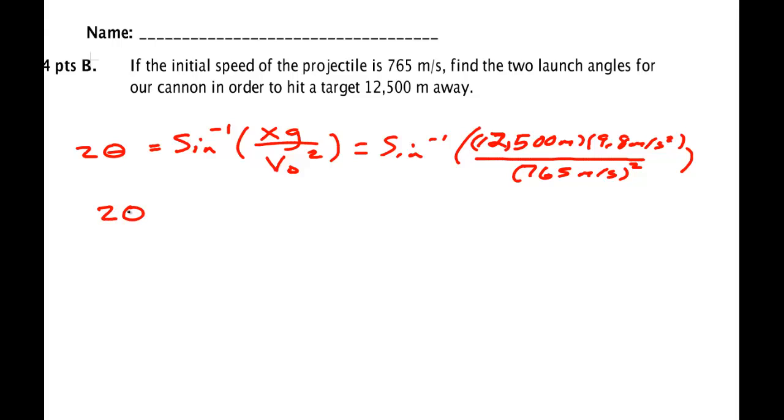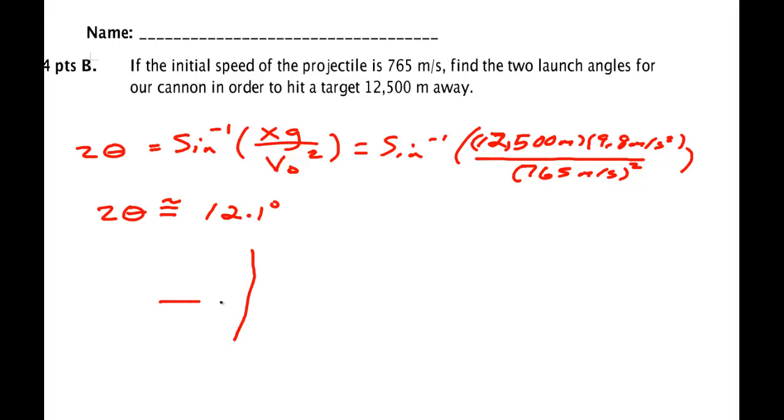If you plug that into a calculator, what you're going to come up with is 2 answers. Now the calculator gives you 1. It gives you in the first quadrant 12.1 degrees.